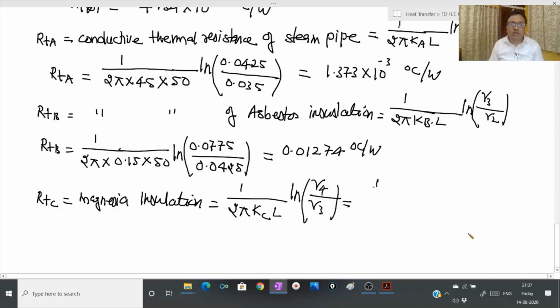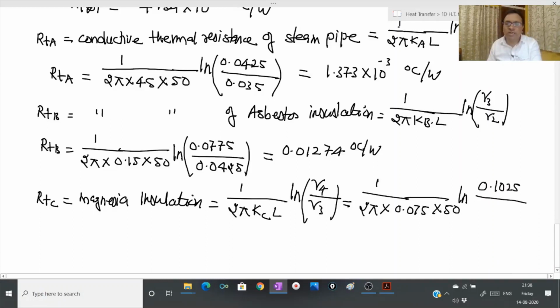Taking the values of all these parameters, 1 over 2 pi, the KC value is 0.075 into 50 log of R4 is 0.1025, R3 is 0.0775.